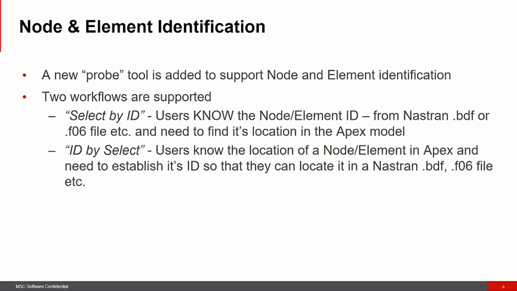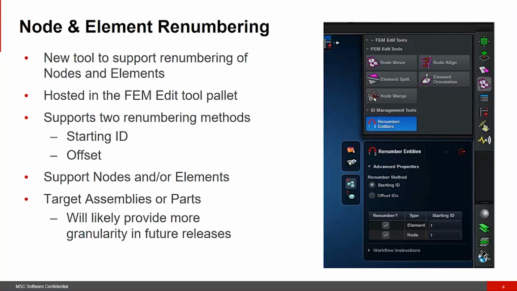Or you may know the location of a node or an element, and you would like to know where it is in the model so that it can be exported into a well-defined F06 or a BDF. For doing that, we are introducing what is called a probe tool.